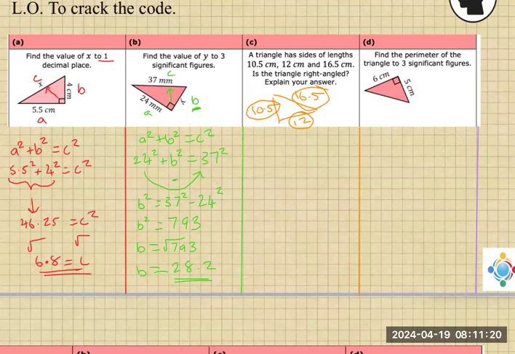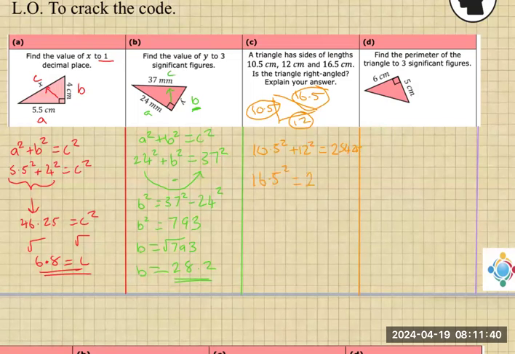Okay, so if you put it in, 10.5 squared plus 12 squared gives me an answer of 254.25. If that works, that means 16.5 squared should be the same.